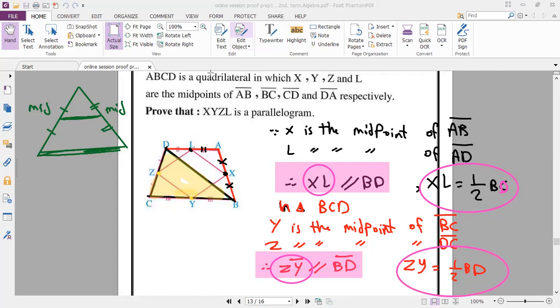So we deduce that XL is parallel to ZY, and at the same time XL equals ZY. Once again, because they are parallel to BD and both of them are equal to half the length of BD, we deduce that they are parallel and equal in length. Because we have two sides which are parallel and equal in length, then XYZL is a parallelogram.